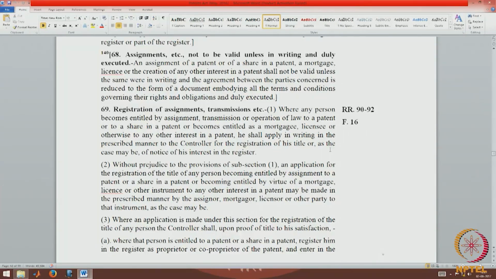Assignment, transmission, operation of law will vest full rights in the person who is entitled to the right, whereas mortgage, license, or any other interest will only vest a partial right. So, if it is a partial vesting, then there will be a notice of his interest. If it is a full vesting of the right, then the title itself, the registration of the patent, will be in that person's name or in the joint name with co-owners, if there are any.